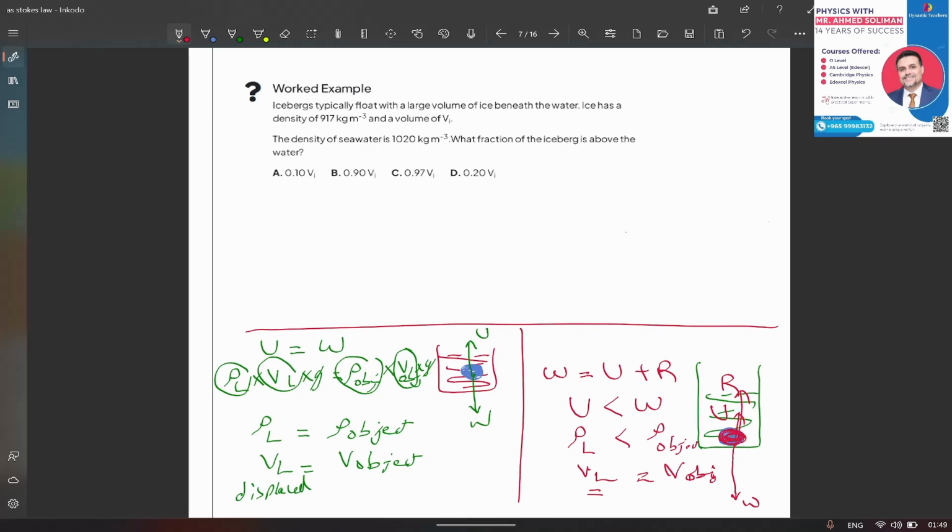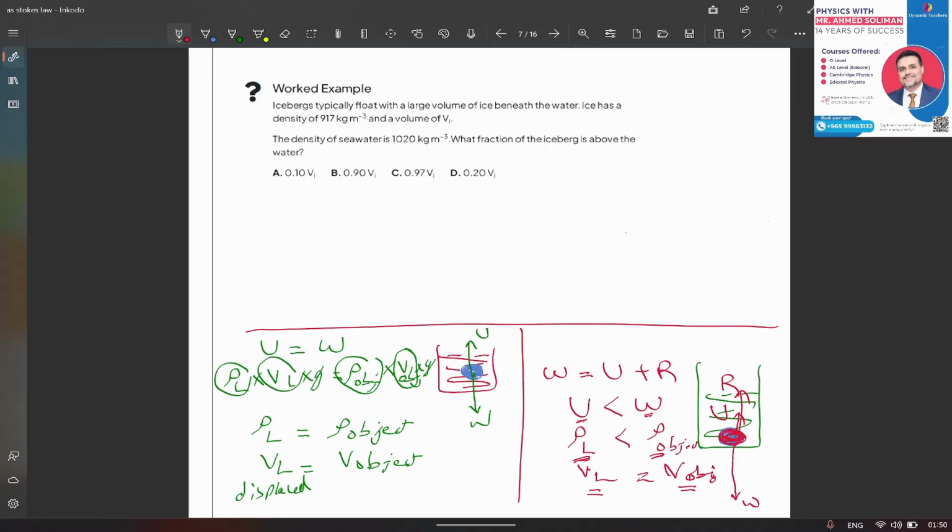This is why, because W, the weight of object, is greater than the weight of water or liquid displaced, the density of object must be greater than density of liquid. These are the three cases for this part.